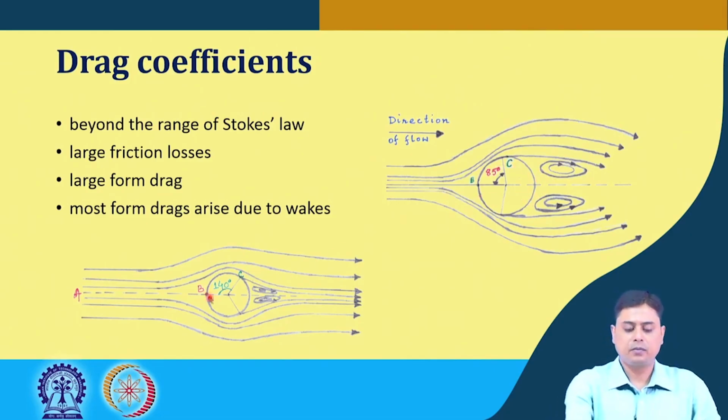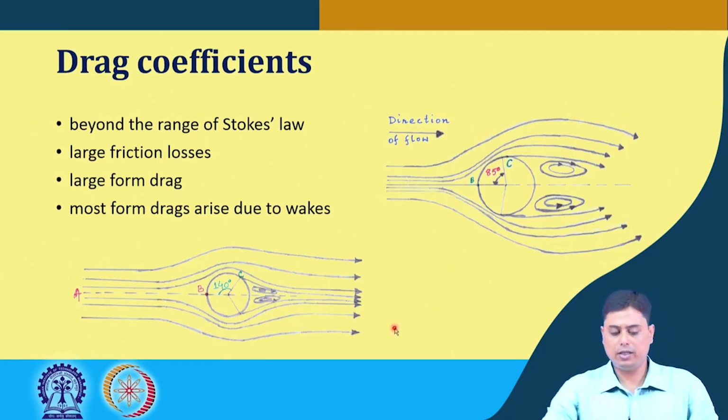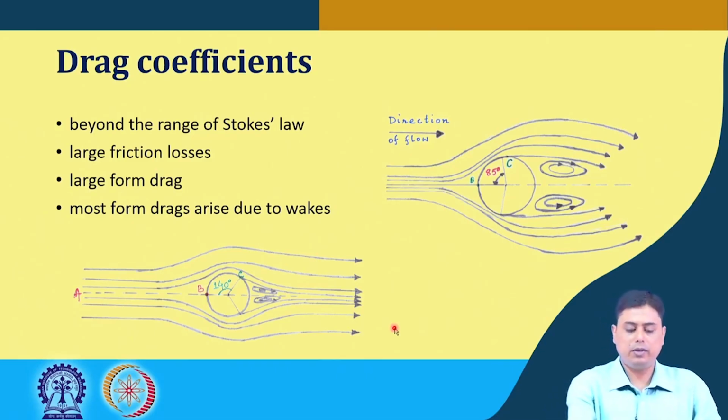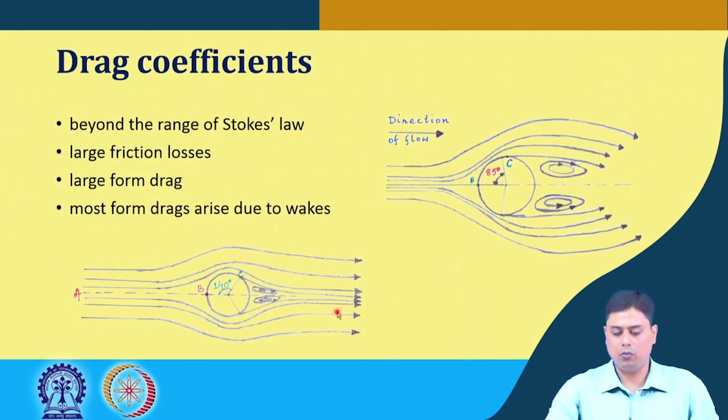And here is the turbulent flow across this spherical object, and we can see that the point of separation changes between the two cases. How it changes, we can clearly see: the point of separation C shifts from an 85-degree angle to a 140-degree angle, and the detachment of flow happens from this point onward, and the wake formation happens in both the cases.